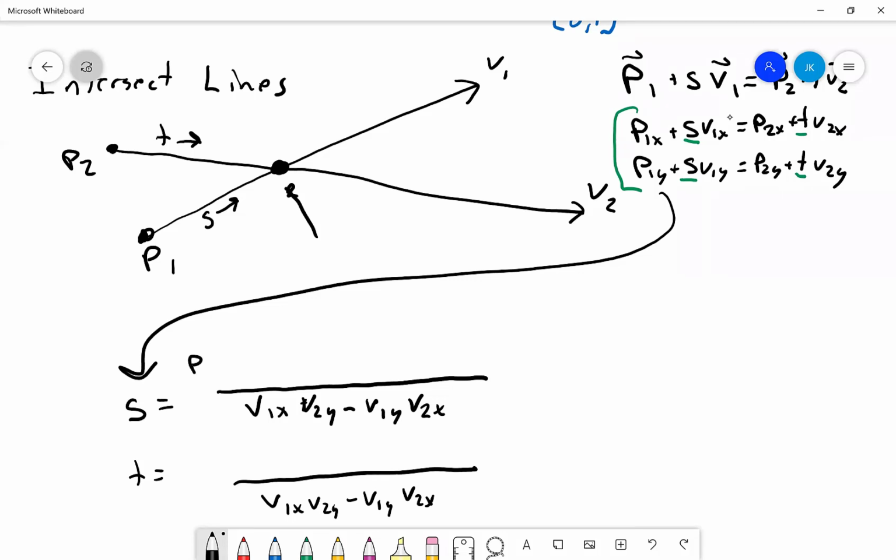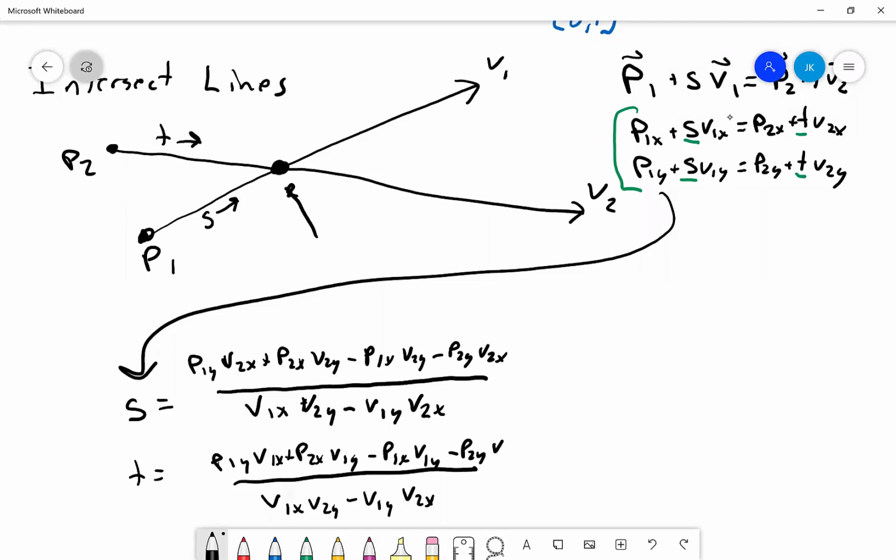This will be something like p1y v2x plus p2x v2y minus p1x v2y minus p2y v2x. And this one will be p1y v1x plus p2x v1y minus p1x v1y minus p2y v1x.